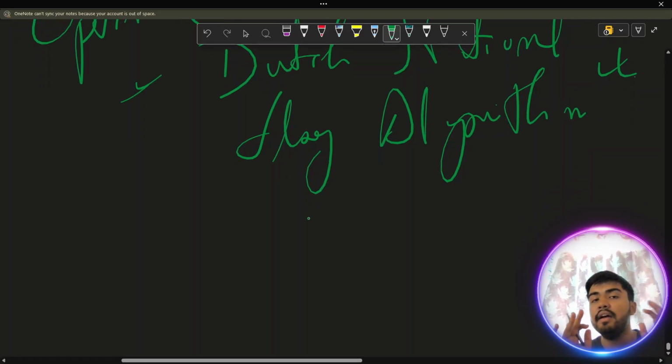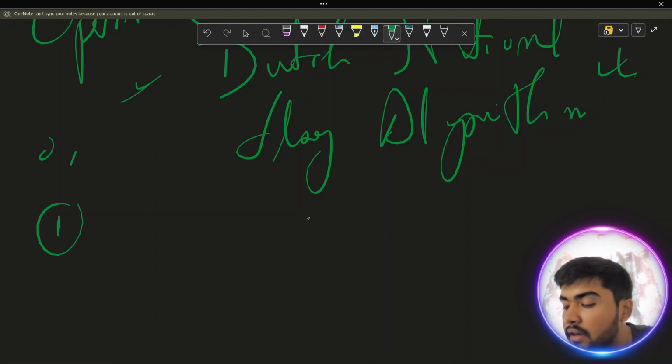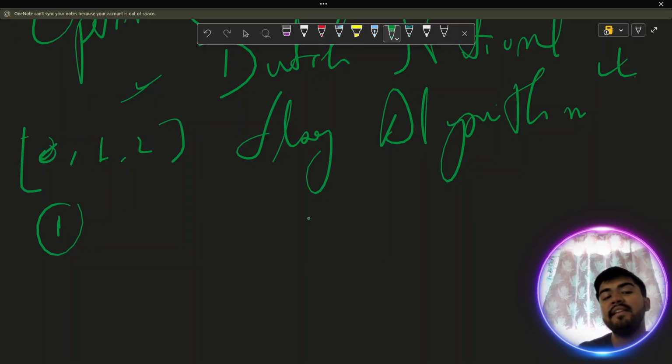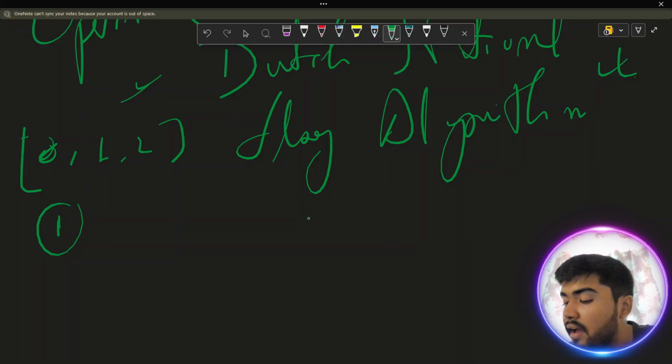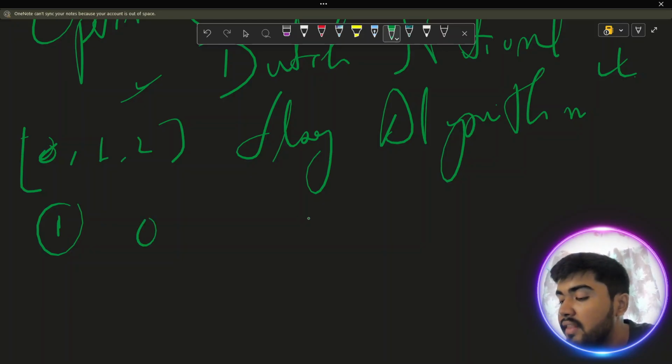So I will explain how the Dutch National Flag algorithm works. There are 4 steps actually. We know our array is only holding values of 0, 1 and 2, all within the range of 0, 1 and 2. So the Dutch National Flag algorithm gives us 4 rules majorly.